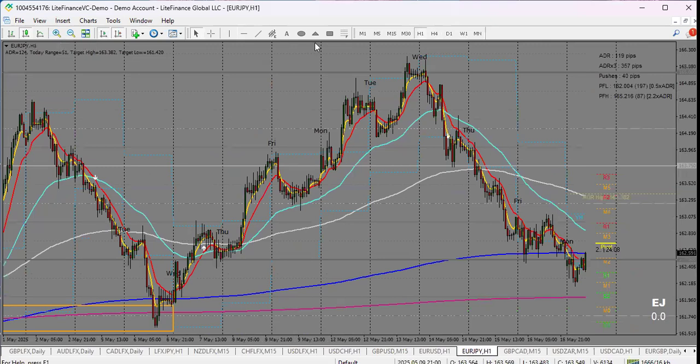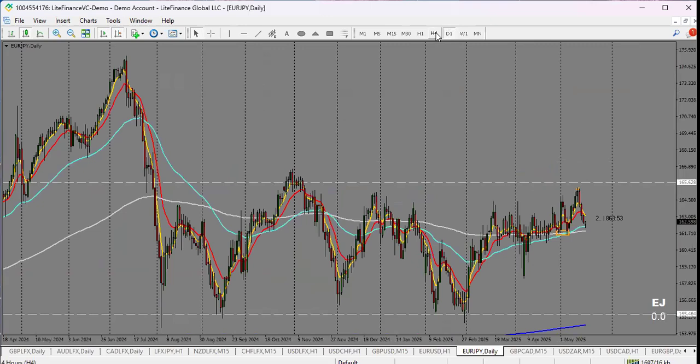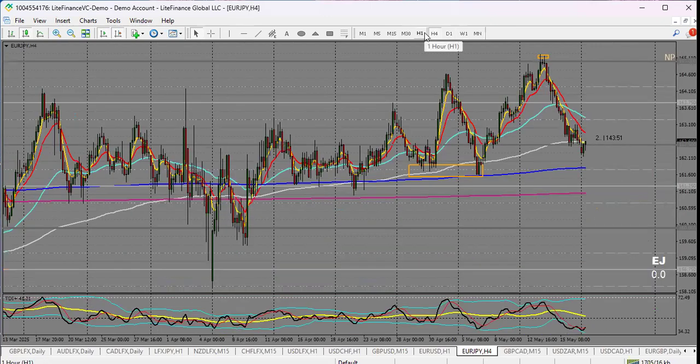If we measure from this peak formation high, the ADR times 3 is around 357 pips. We have not completed the ADR times 3 yet.